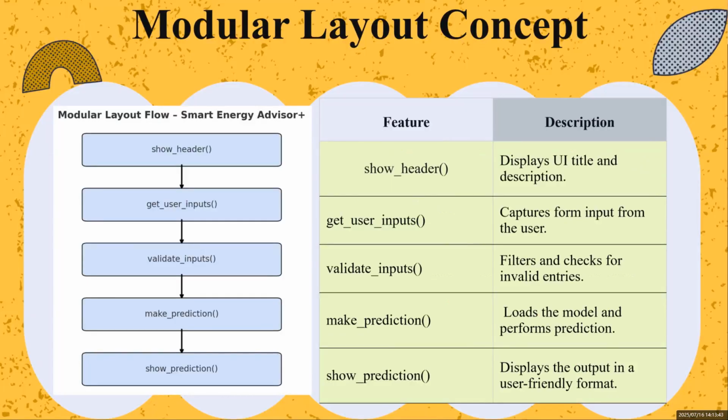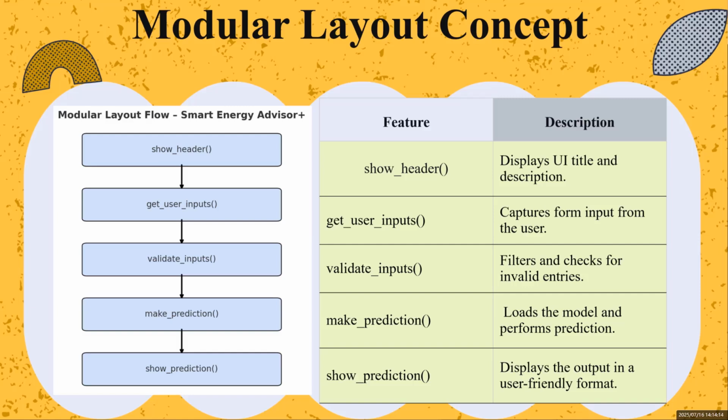Let's look at the modular layout concept. Looking at the flowchart, for example, we are considering Smart Energy Advisor Plus. It's going to start from the header function, then capturing the input from the user, and we move down to filtering and checking for invalid entries, which is carried out by the validate input function.